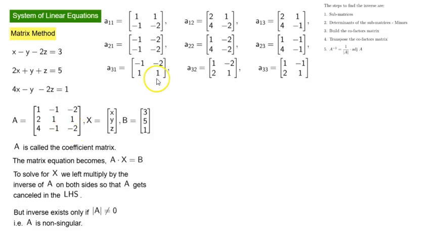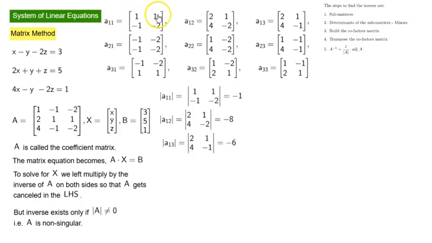So we have 2, 1, 4, minus 2. Like that, we write down all the submatrices. The second step is determinants of the submatrices. That is the minors. So the determinant of A11 is equal to minus 2 plus 1, so minus 2 plus 1 is minus 1. Minus 4 minus 4, that is minus 8, and so on.